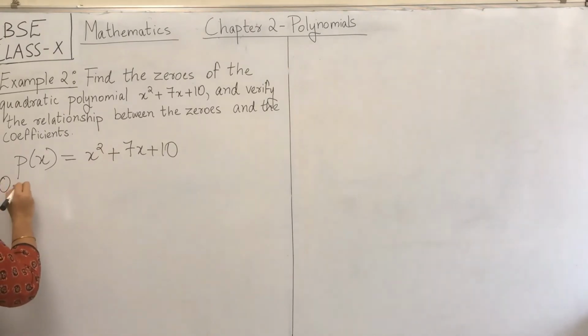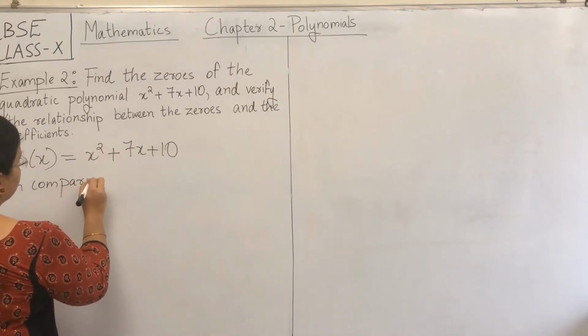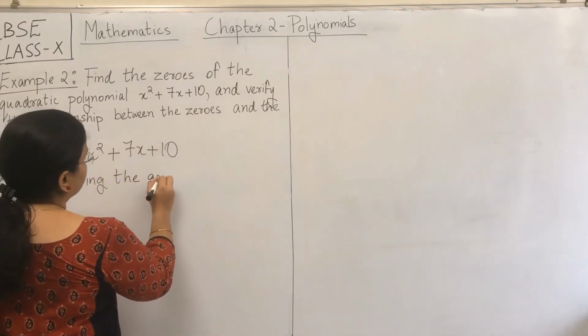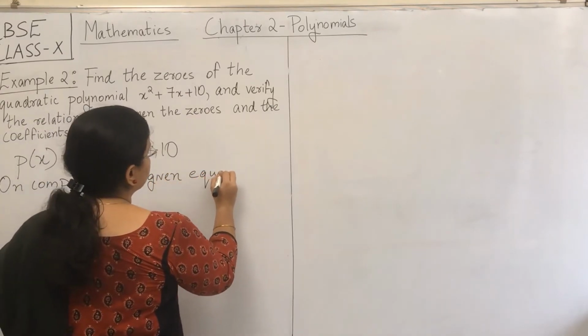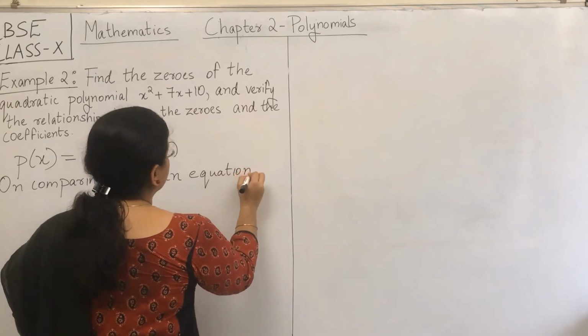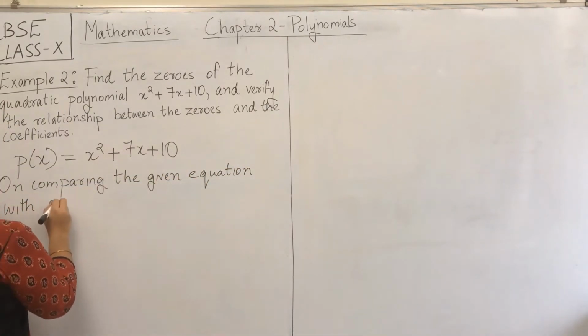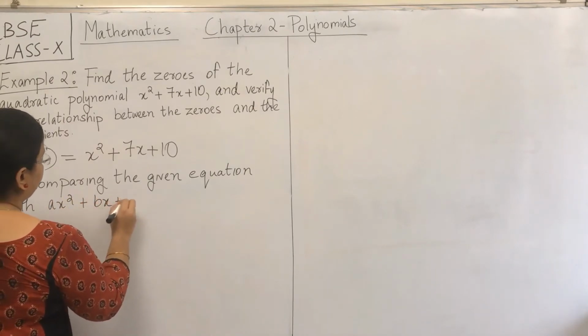On comparing the given equation with the general form, that is ax square plus bx plus c.